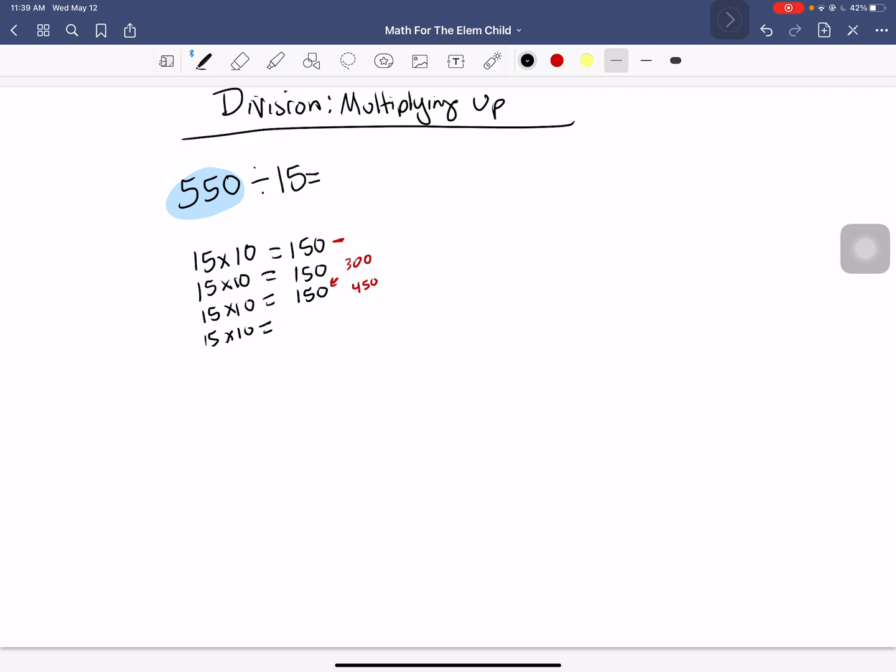Now we're going to multiply 15 times 10 to get 150 again, and then we're going to add 450 to 150, and we have, I believe that's 600.